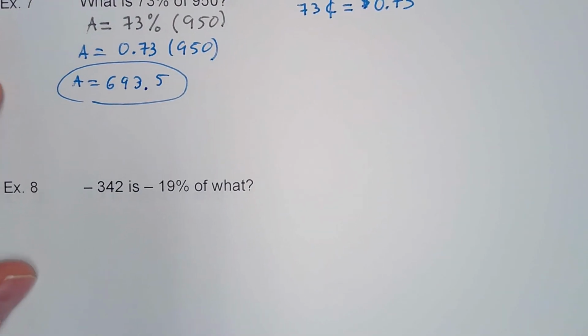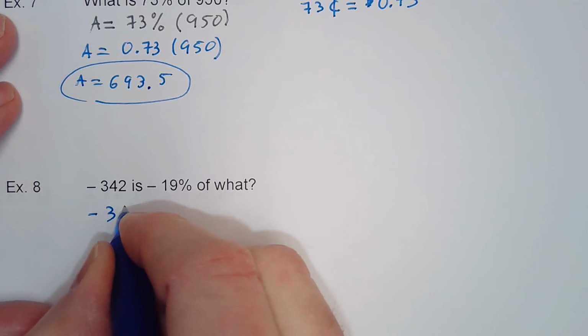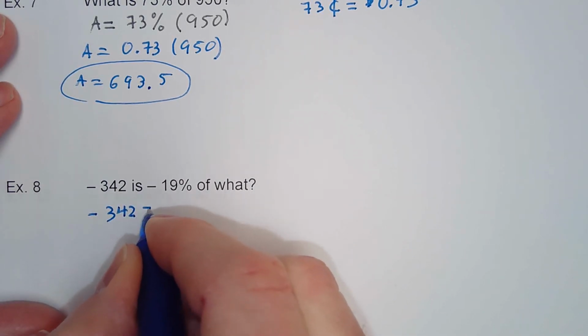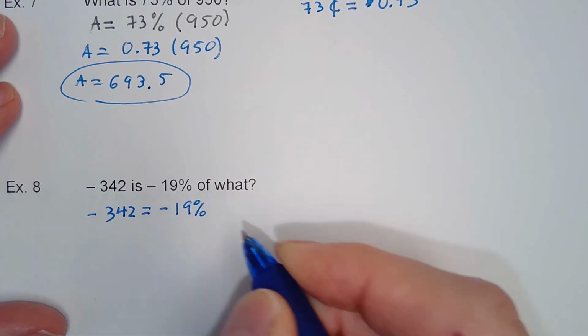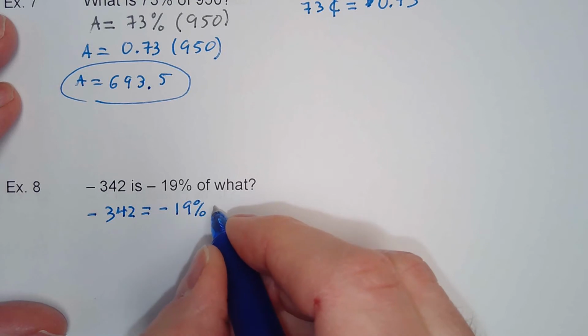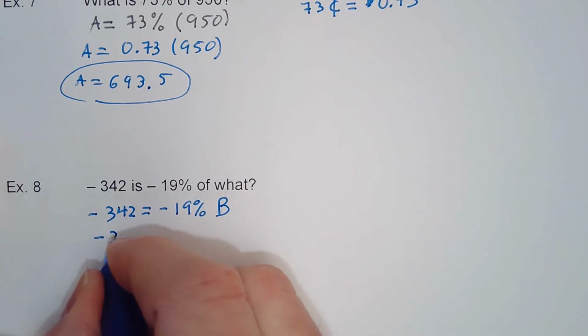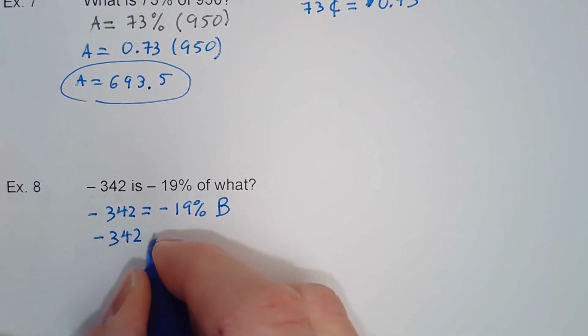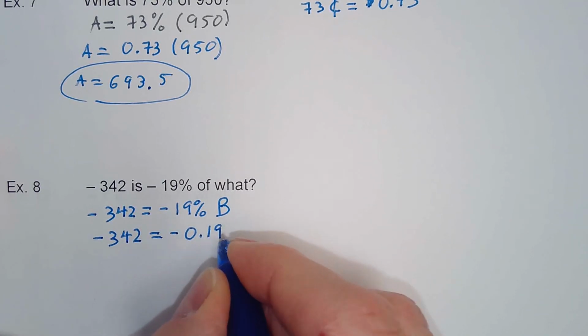Let's try number 8. So we have negative 342 equals negative 19% of, so we're looking for B here, of our base. So again, write that percent as a decimal. Now notice our numbers are on opposite sides.